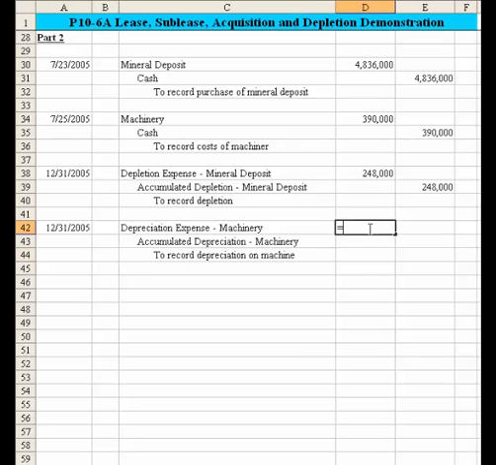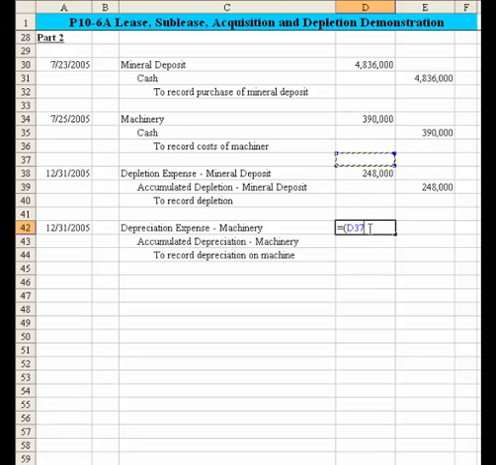Okay, so now let's take the cost of the machine, and in this case we believe that we're using the same activity basis of how many tons divided by how many tons we expect to produce. So we have $390,000 cost. Let's do this the same way again.